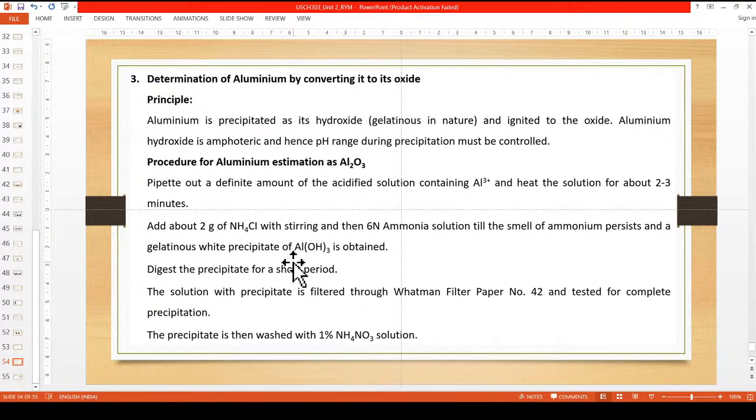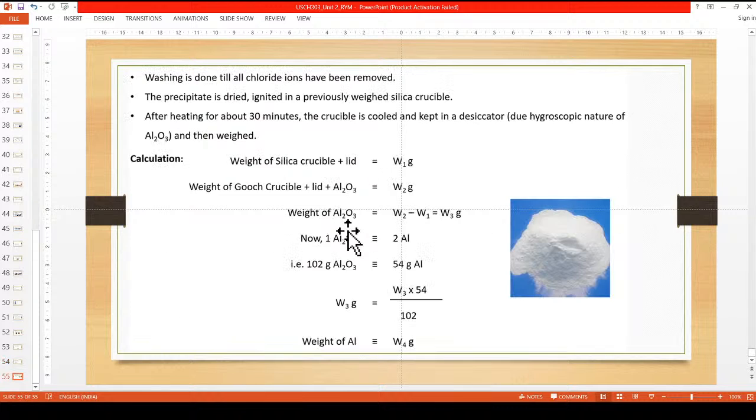So whenever you want hydrated form of aluminum precipitates, add to this aluminum salts ammonium salt, ammonium chloride and ammonia. Okay, so by using weight difference method you will find out weight of aluminum present in sample.